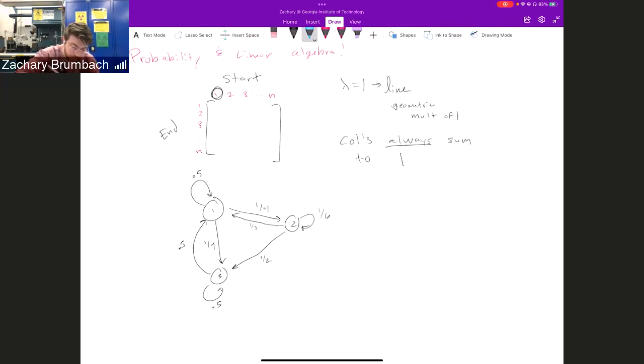What is the probability that we start at 1 and end at 1? The probability is 0.5. What is the probability we start at 1 and end at 2? The probability is 1/4, or 0.25. The same for going to 3: the probability that we start at 1 and go to 3 is also 0.25.